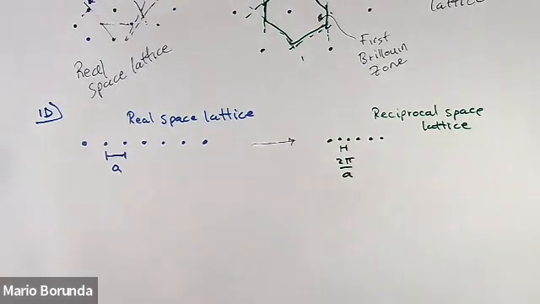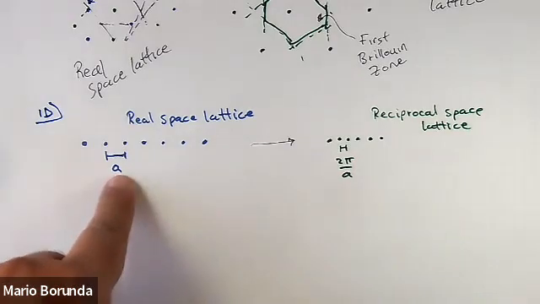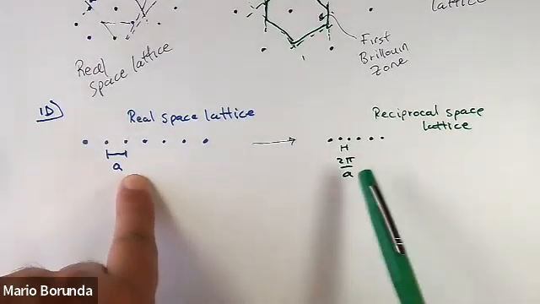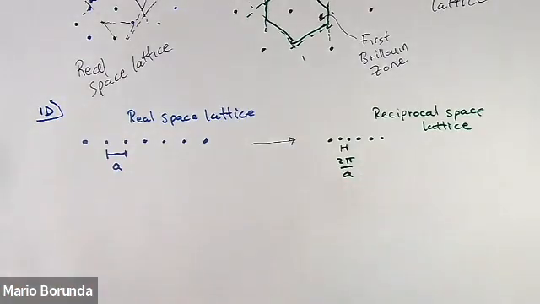Okay. So in one dimension, you could also say that this is A in the X direction, and this is 2 pi in the X direction. Yeah, it's just a line. So with that, let's say that what we were going to solve is that these guys right here are atoms.